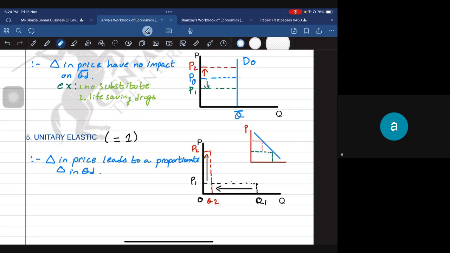You can see here that if this is P1 and Q1 and we are moving to P2 and Q2, the change seems to be more similar.